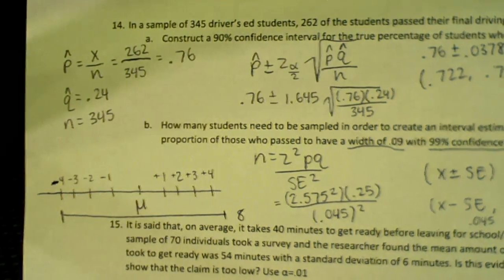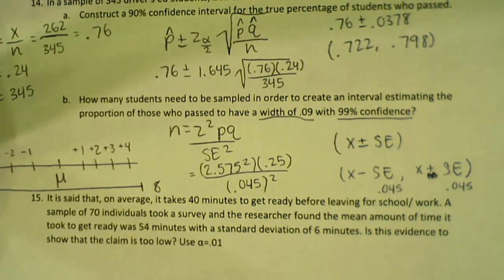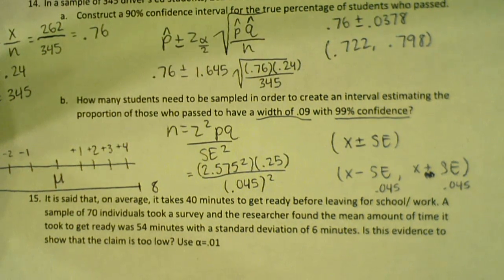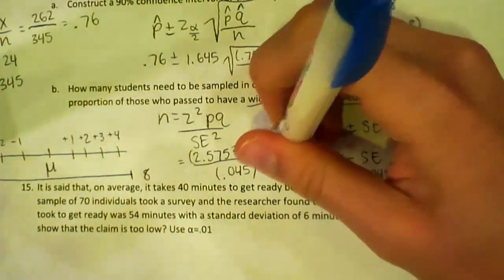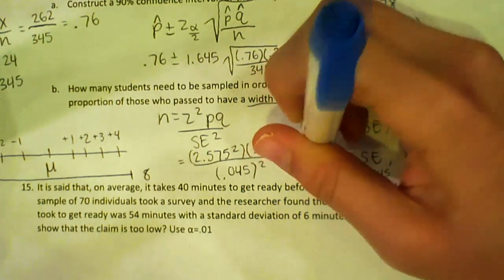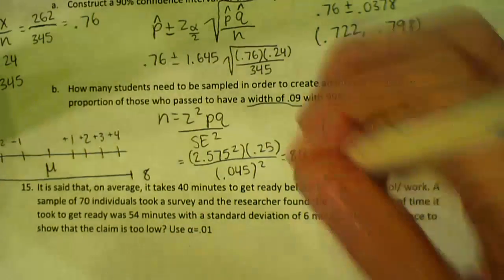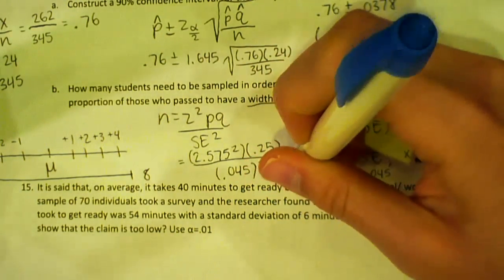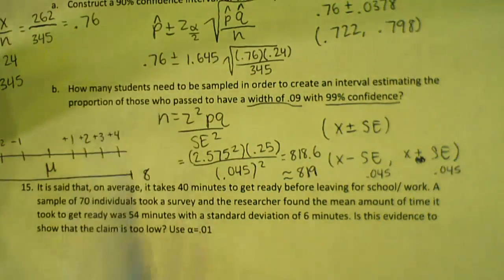Okay? So back to this though, solving for n. Just plug this all into the calculator. So it's 818, and then I actually found that it's 0.6. So again, like I said earlier, you always round up, because we can't have a fraction of a student. Okay?